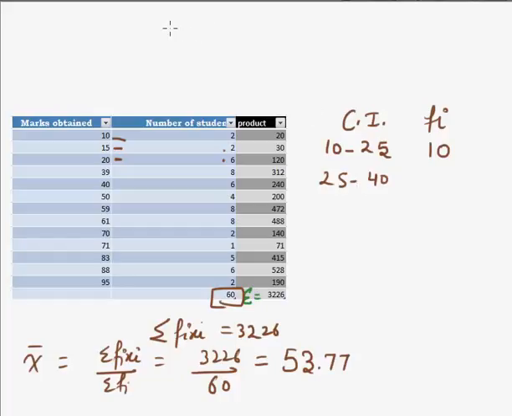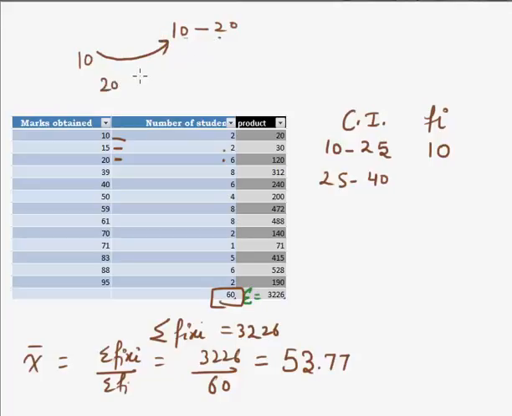Friends, we'll be using a convention that suppose we have an interval say 10 to 20 and we have to insert 10, then 10 will belong to this interval.